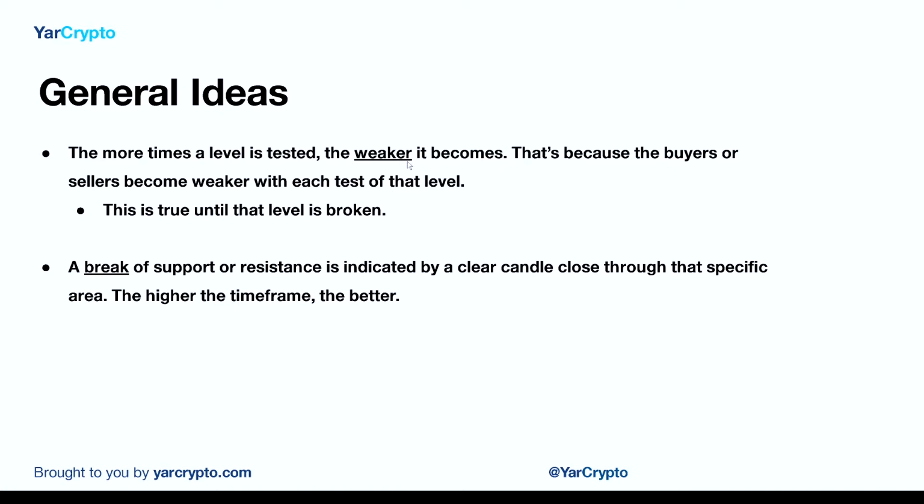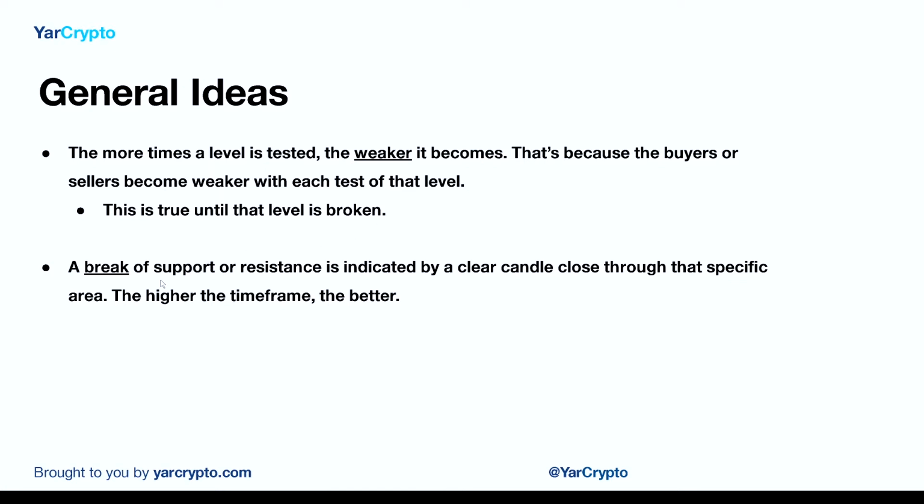For example, when you have a level of support that is tested a bunch of times, the buying pressure it encounters on that level is going to be weaker every time, because the buyers lose strength with each subsequent touch on that level. And this is going to be true until the level is broken. I'm going to show you guys in the examples as well.